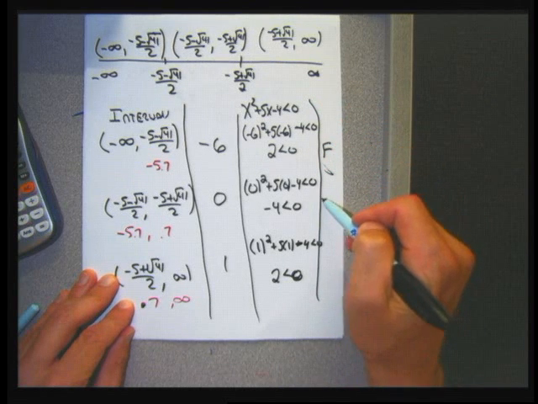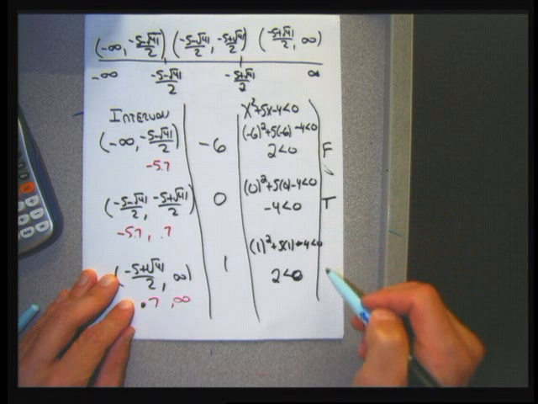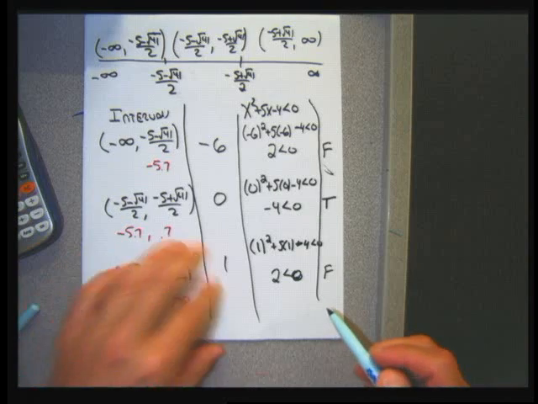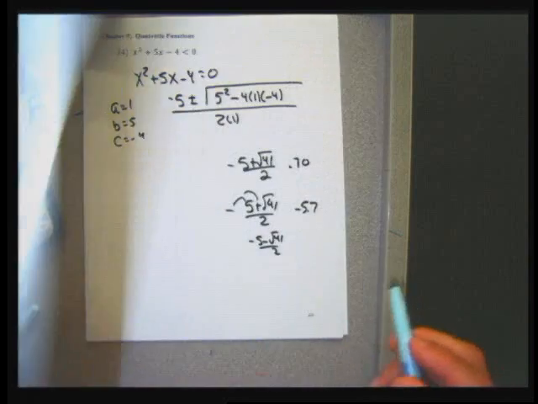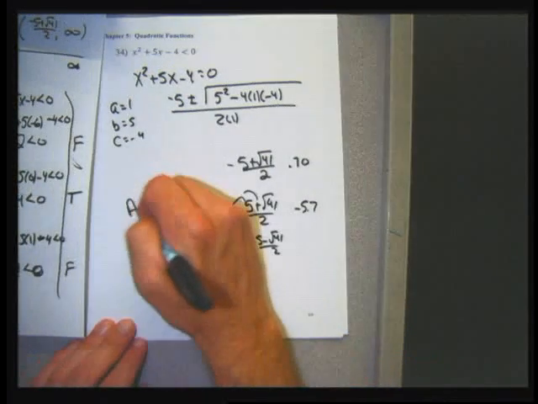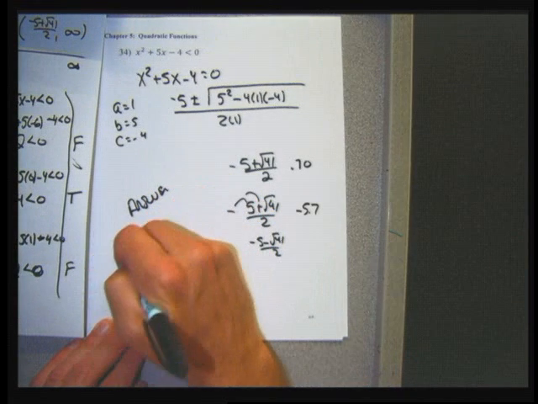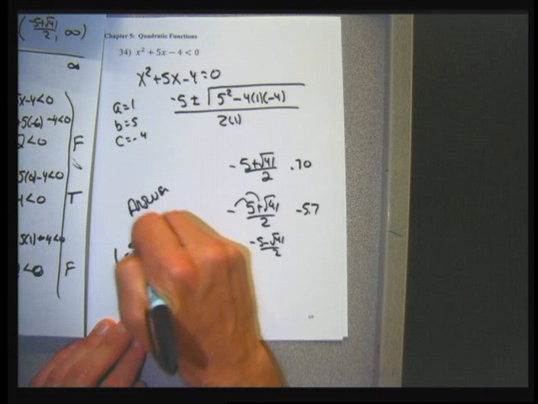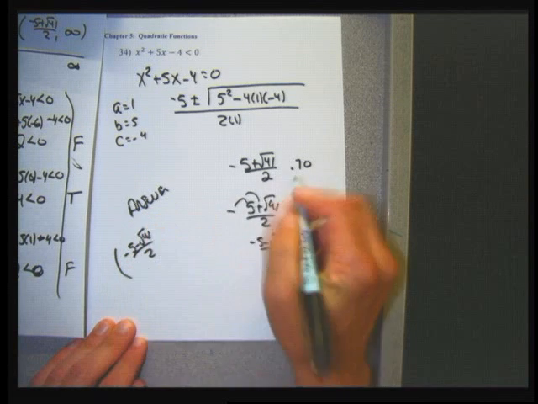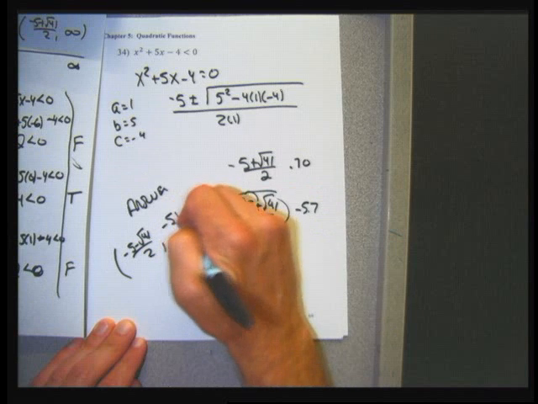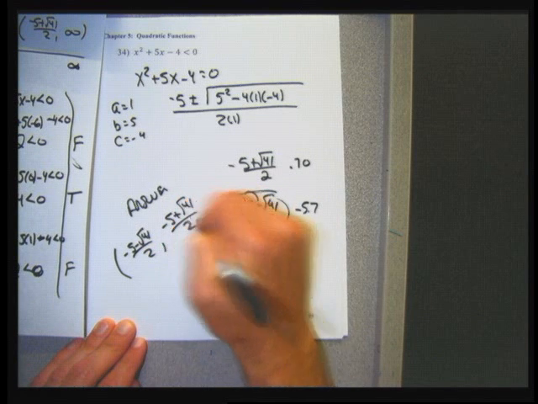Middle one, true. Negative 4 is less than 0. Last one, false. 2 is not less than 0. My answer is the middle one. I should write it with the ugly square roots. So my answer for problem 34 should be negative 5 minus the square root of 41 over 2, comma, negative 5 plus the square root of 41 over 2.